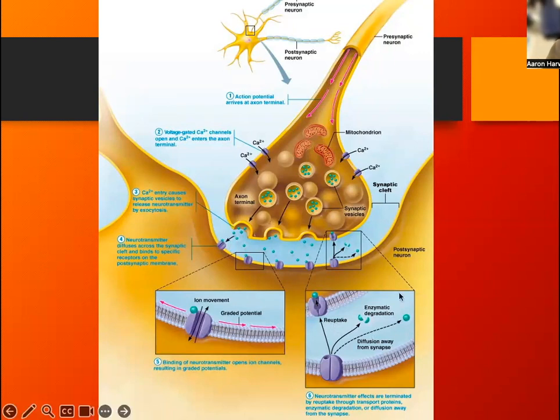And then after the neurotransmitter has done its job, it either gets reuptaken to its original spot, degraded by an enzyme, or just transported away through diffusion in some way, shape, or form.